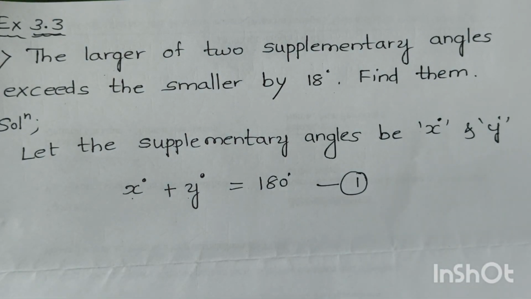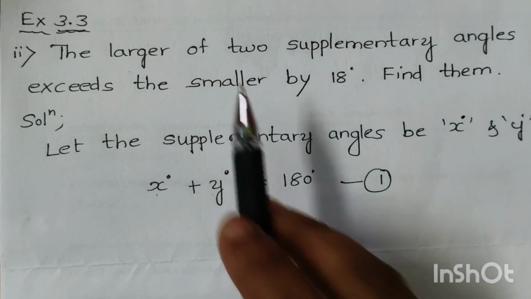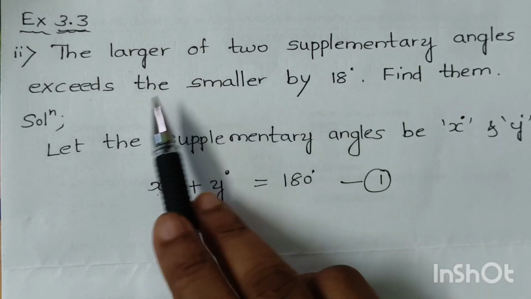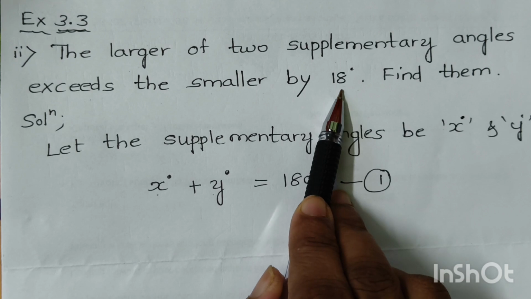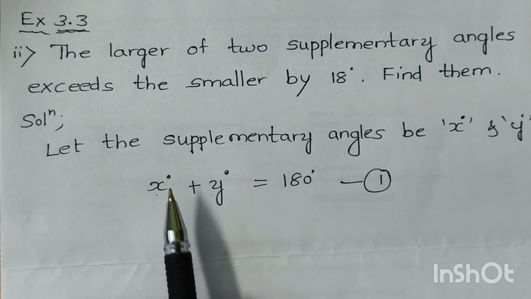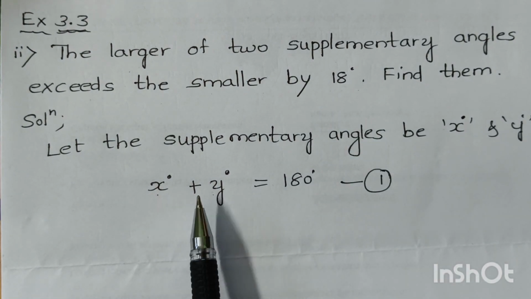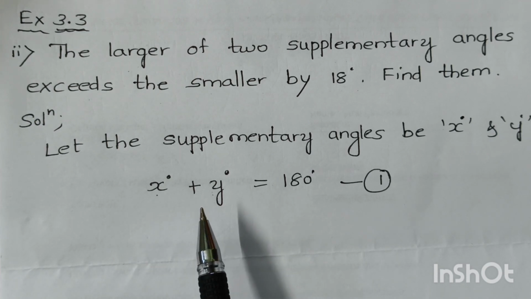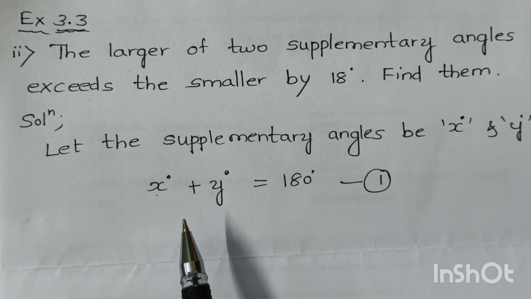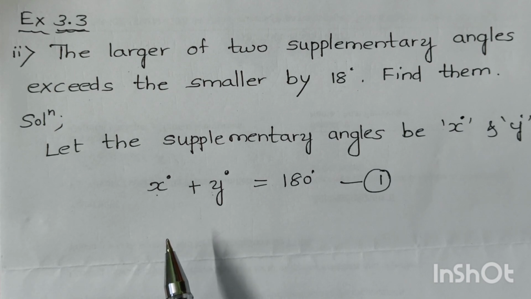Now let us read the question. The larger of two supplementary angles exceeds the smaller by 18 degrees. What are they saying? These two are supplementary angles, but one angle is more than the other. But how much more?